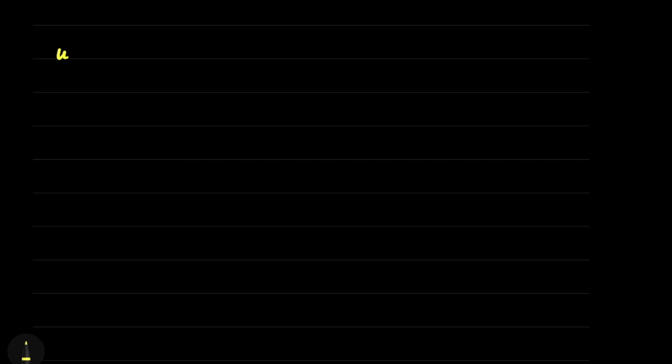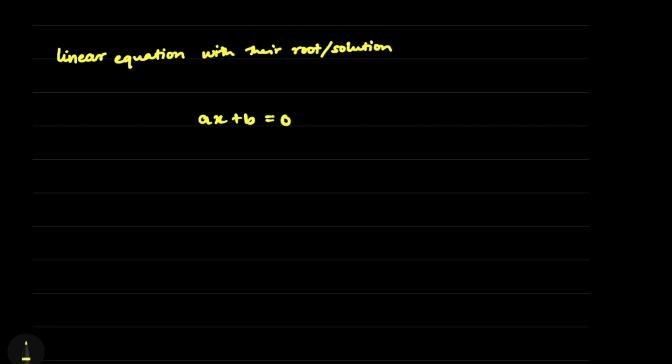So let's talk about linear equations and their root or solution. A linear equation always follows the form ax plus b equal to 0, where a is not equal to 0, and this is a linear equation in variable x. Therefore, our previous example, 2x minus 1 equal to 9, is a linear equation in the variable x.